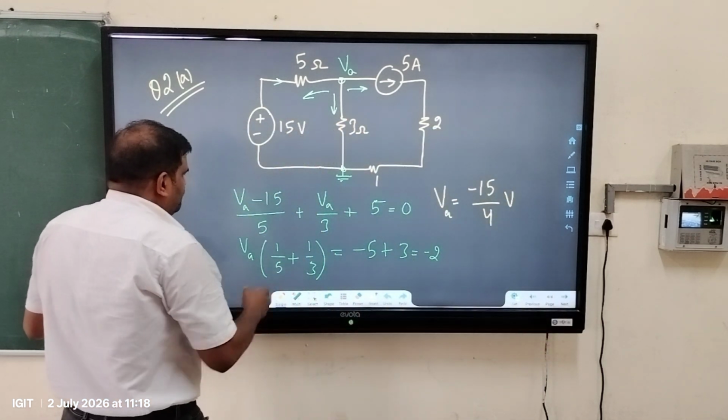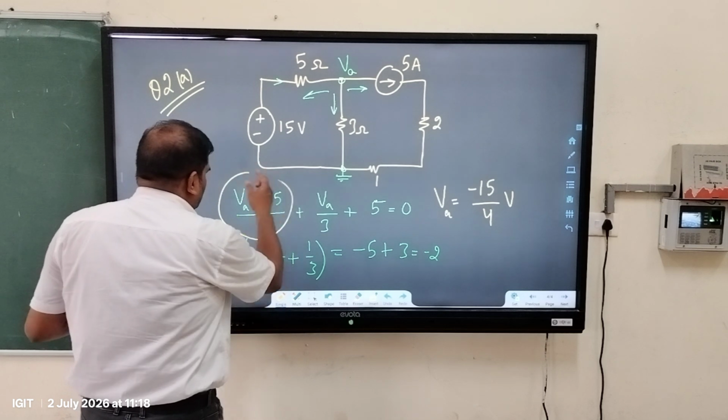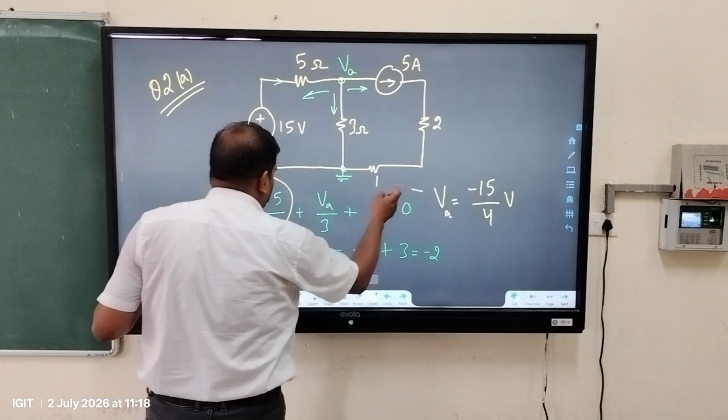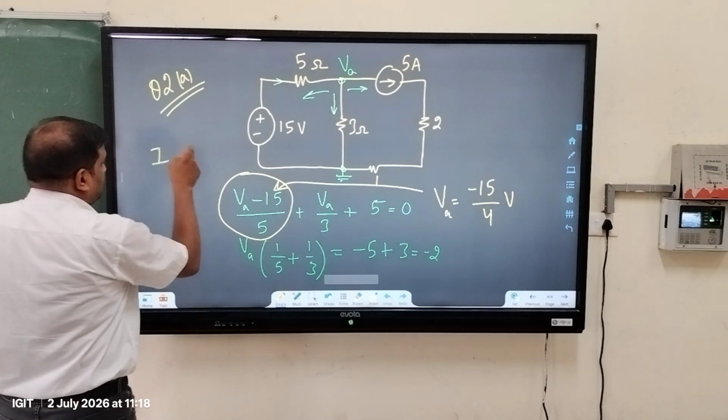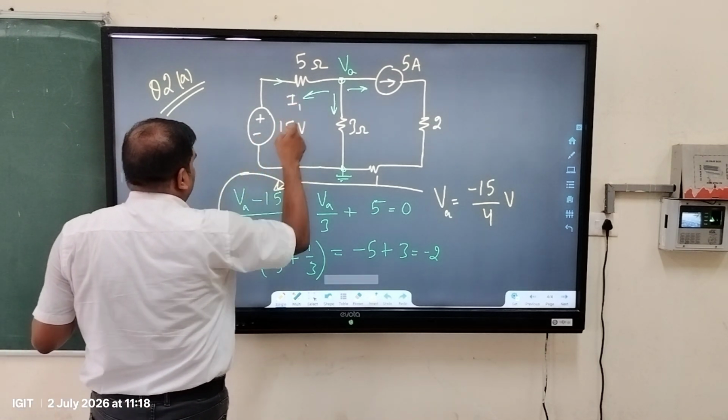If VA is minus 15 by 4, you substitute the value of VA here. You will get the current going to the left-hand side, let us say I1.